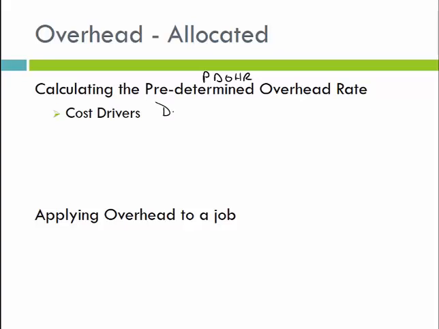So most of the time in here we'll use direct labor hours, or maybe direct labor dollars, like the dollar amount instead of the hours, or machine hours. So the number of hours your machine time is running, like if it's a manufacturing type of thing. So those would be the three main drivers that we'll use in this book.